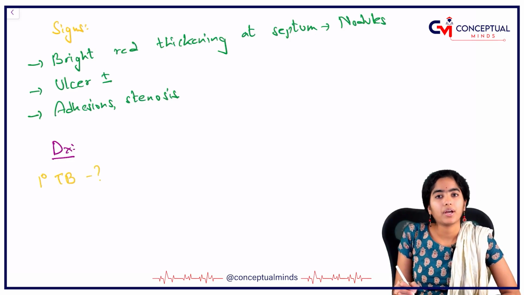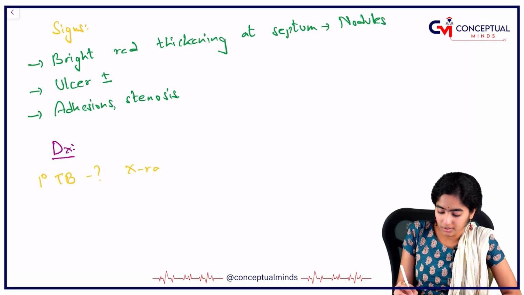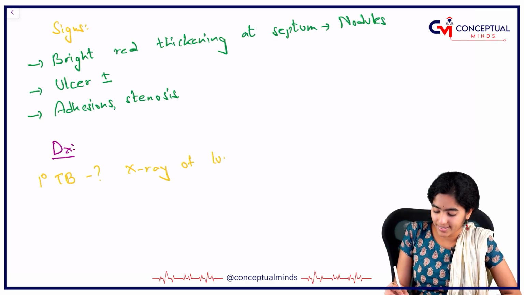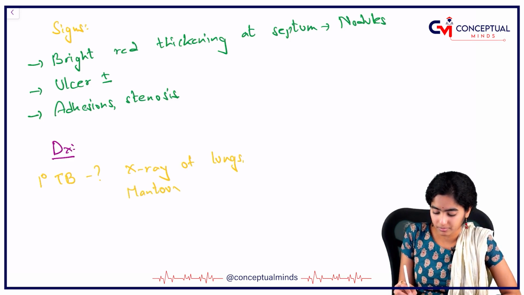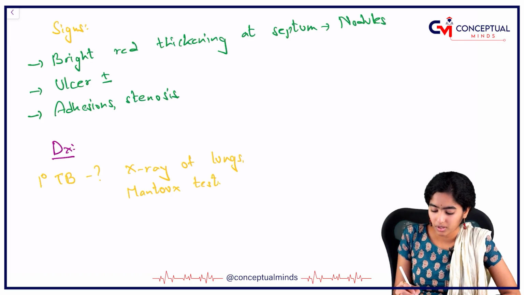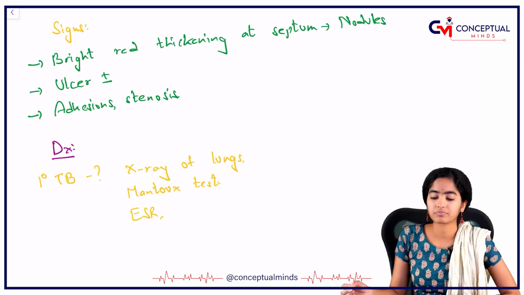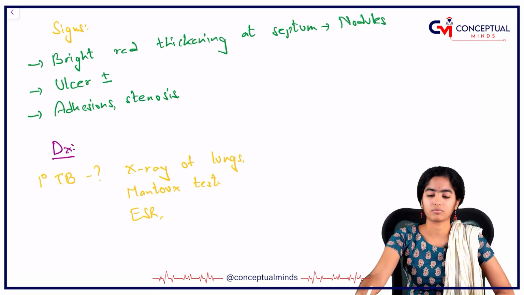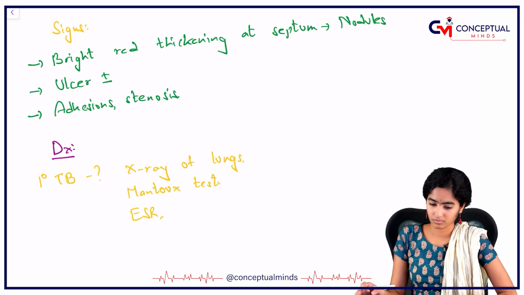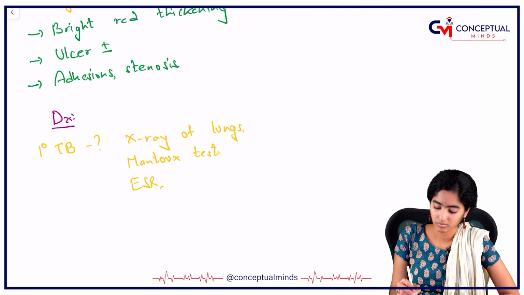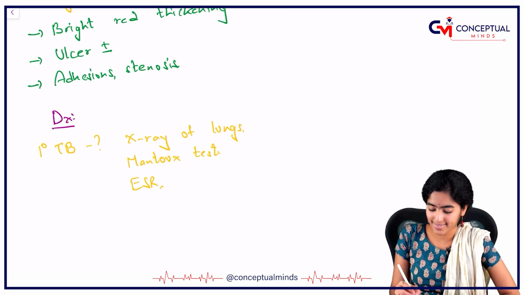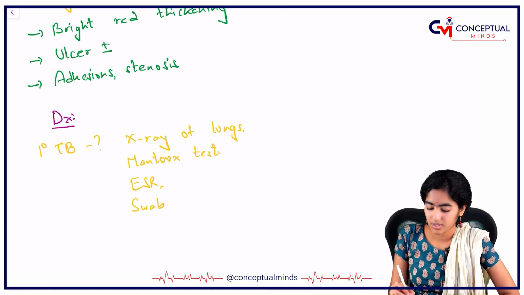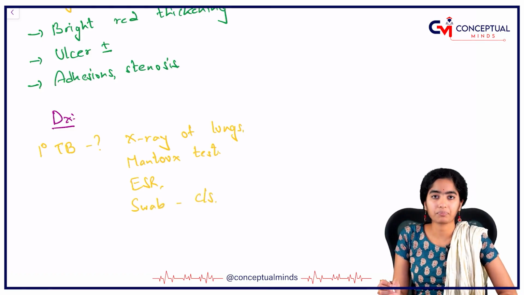And for that, you have to take an X-ray of the lung, chest X-ray. Do tests such as Mantoux test, ESR, you can take a swab and examine it, send it for culture and sensitivity.